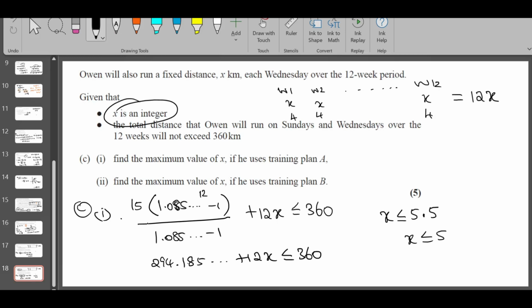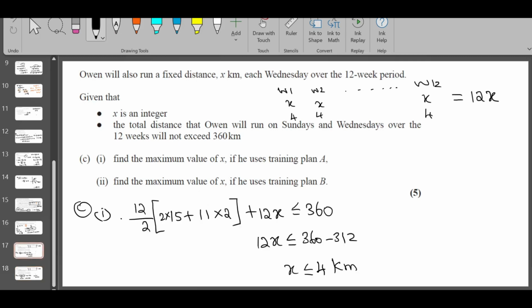It is an integer, right? So he has to run every week 5 kilometers or less for 12 weeks with training plan B, so that the total distance he covered will not exceed 360. So 5 kilometers for plan B. For plan A, it's 4 kilometers. That's all.